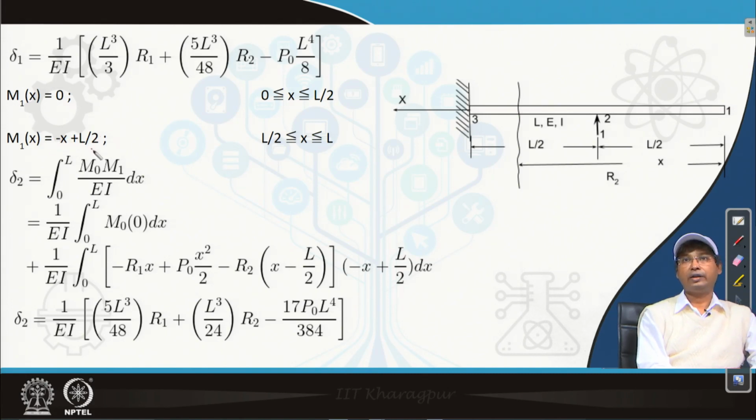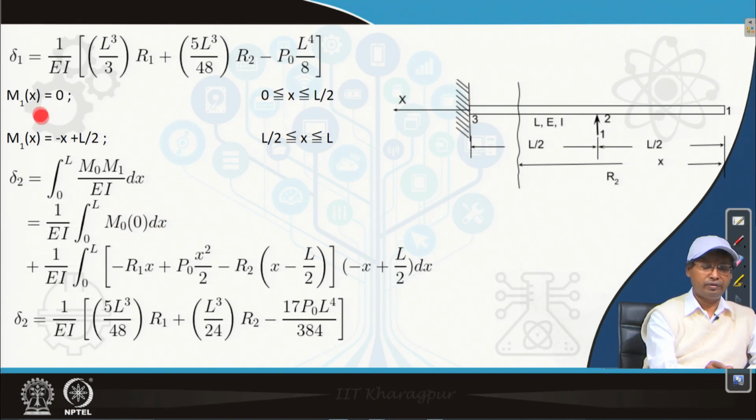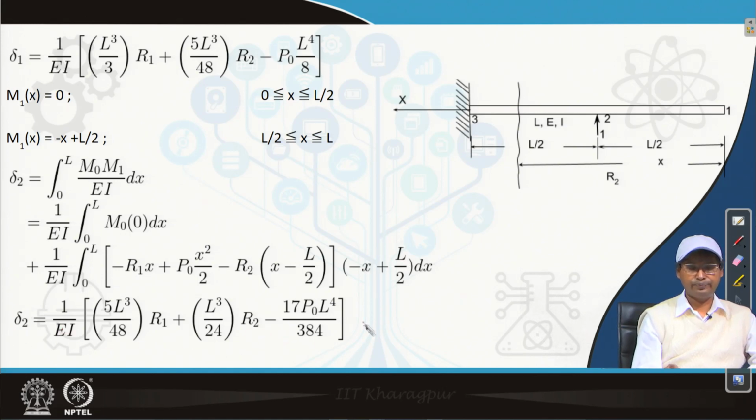So, that is the moment here, and as usual, this equation is put in this equation to find out delta 2 integrated from 0 to L. This first portion is 0, there is nothing. So, this portion becomes 0, only the remaining portion is this one, and we get delta 2 is equal to this value. Okay.